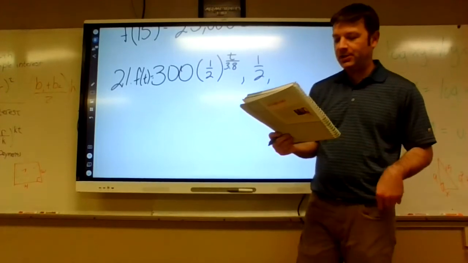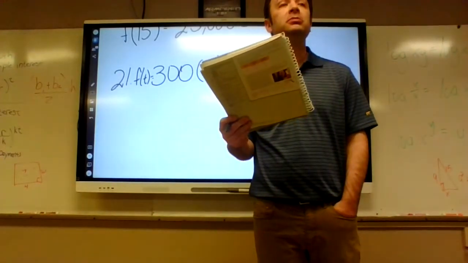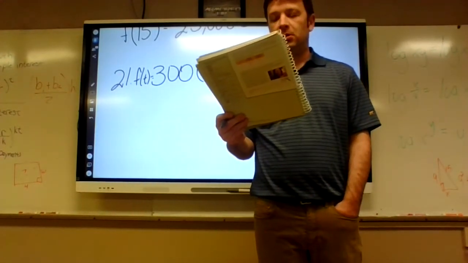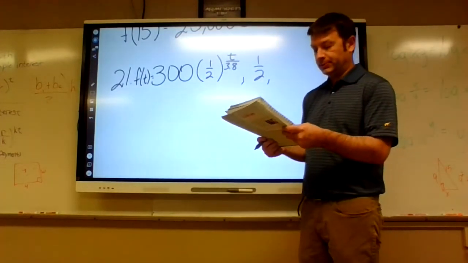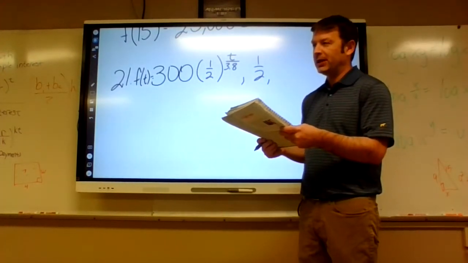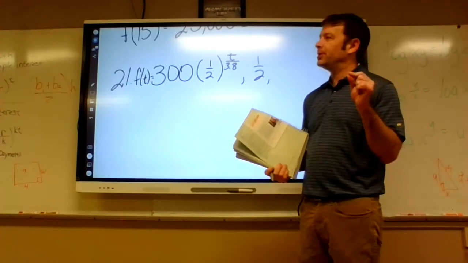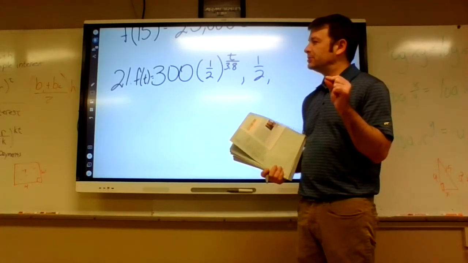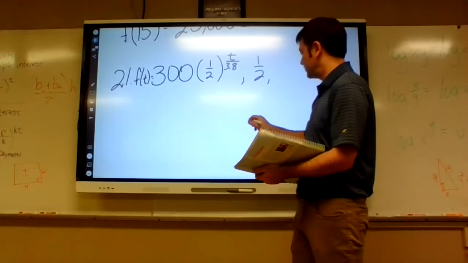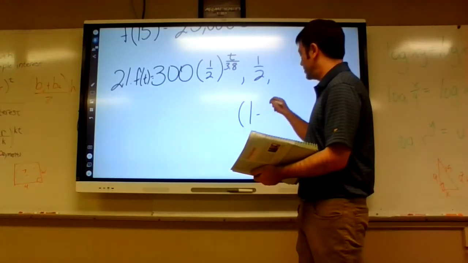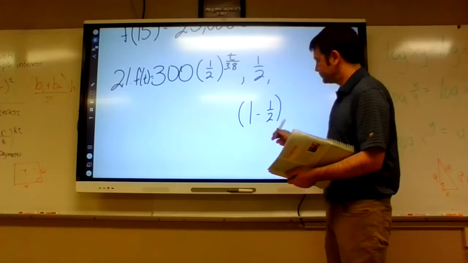Factor means a number that's multiplied. Wouldn't the growth factor be negative half? No, it'd be negative 50% if we changed it. Here's what you're thinking of. Another way I could have written this is like this.